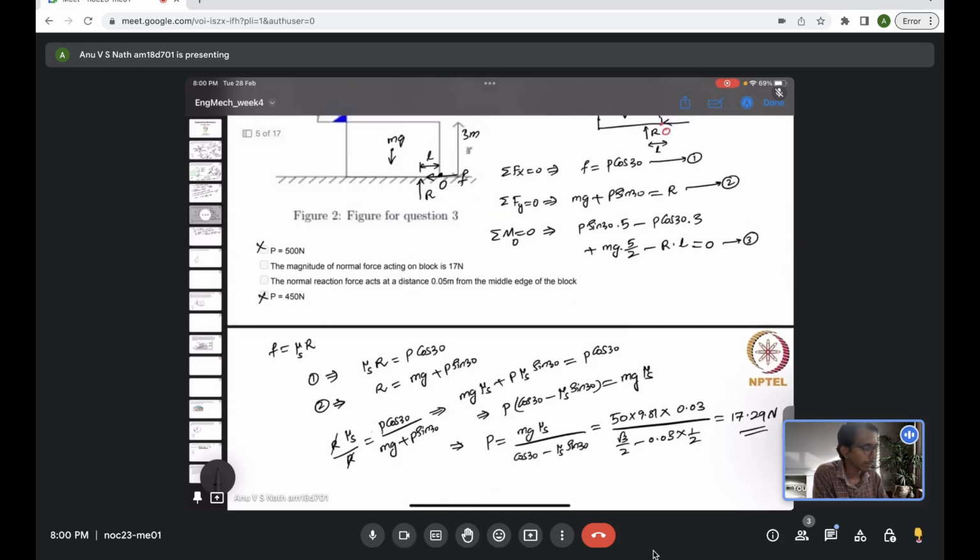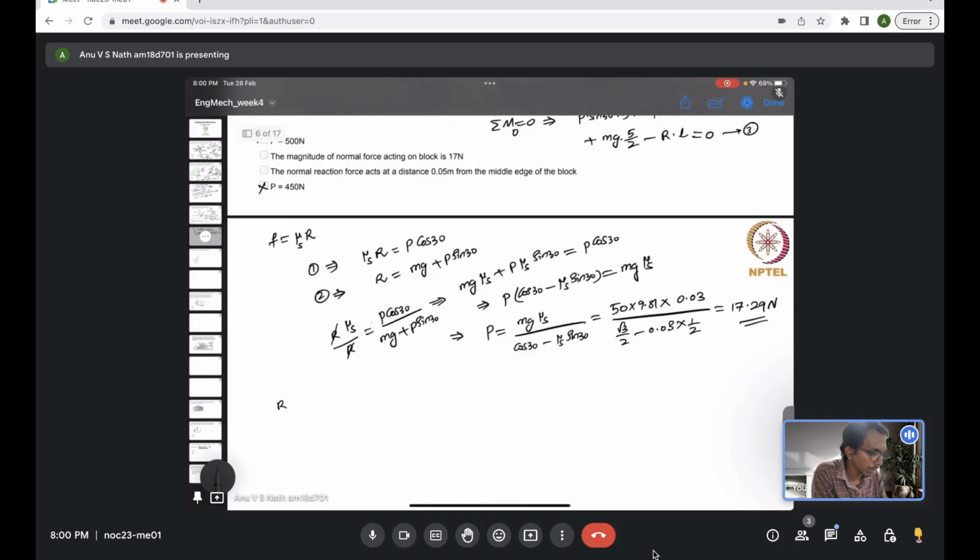So again we can use equation 2 to evaluate the normal reaction R. So R is mg plus P sin 30. So m is 50 times g is 9.81, plus P, which we evaluated just now as 17.29, times sin 30, which is 1 by 2.